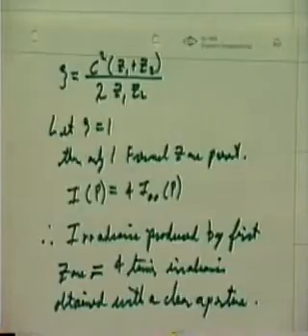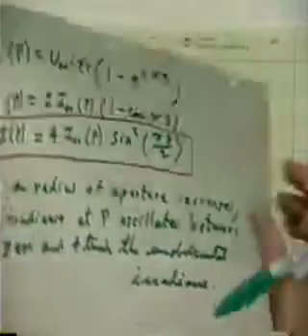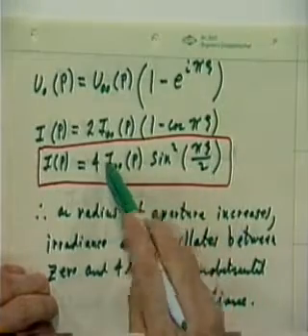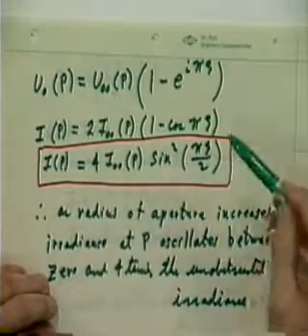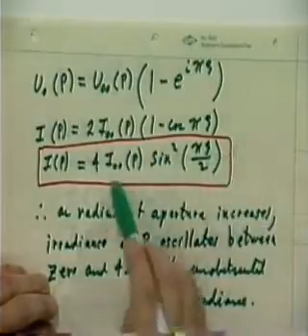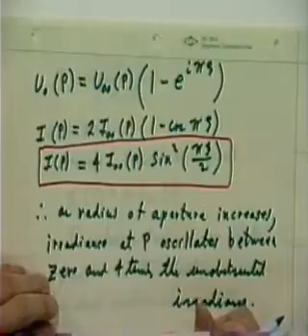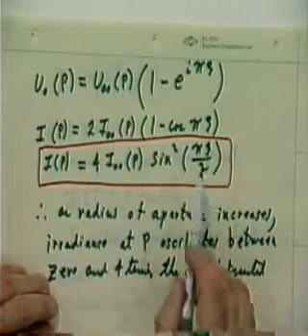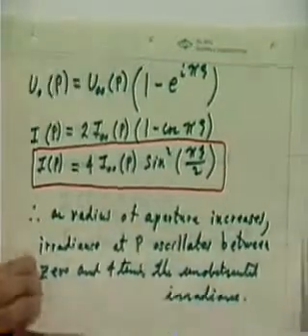Okay. So if we have one Fresnel zone present, we get 4 times what we would have with a clear aperture. If we have 2 Fresnel zones present, we get 0. Okay. So with an odd number of Fresnel zones here, we're going to get 4 times. Even number, we're going to get 0.